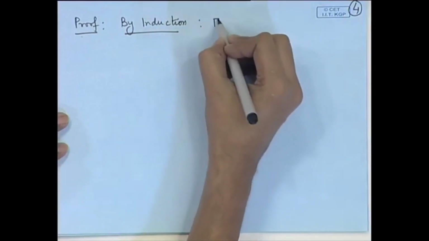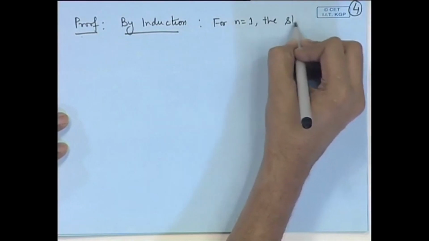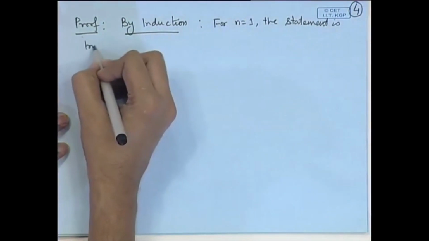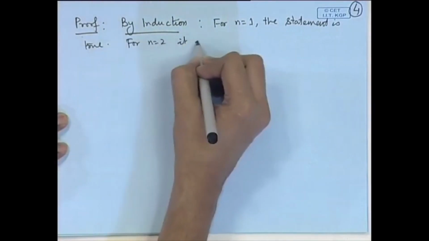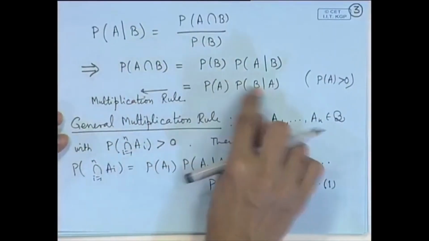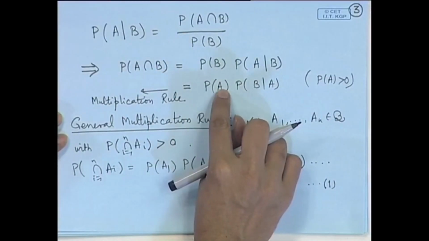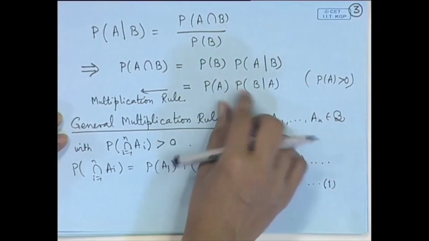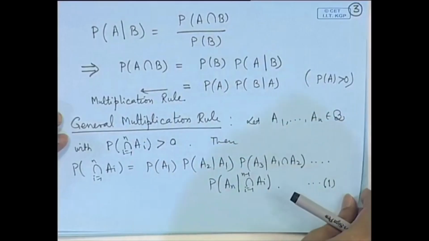For n equal to 2, it is true, as we mentioned by the definition of the conditional probability, that probability of A1 intersection A2 will become equal to probability of A1 into probability of A2 given A1. Now, the statement for n equal to 2 will be used for extending from k to k plus 1.